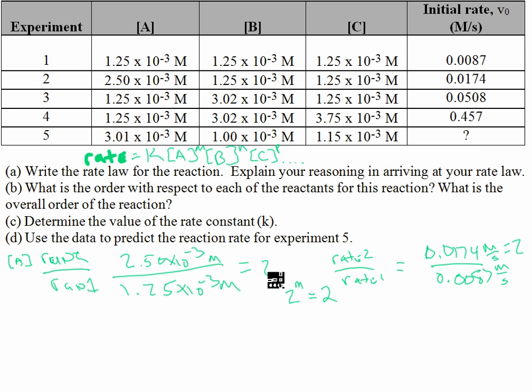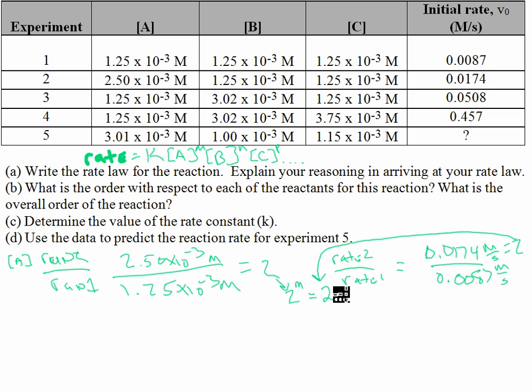If I doubled my concentration, which is what I did here, I'm either going to double my reaction rate, keep my reaction rate the same, quadruple my reaction rate, or raise it to the 9th, or some number there. The way I figure that out is I take the number from my concentration, the ratio of concentration from run 2 versus 1, and I compare that to my rate 2 over rate 1.